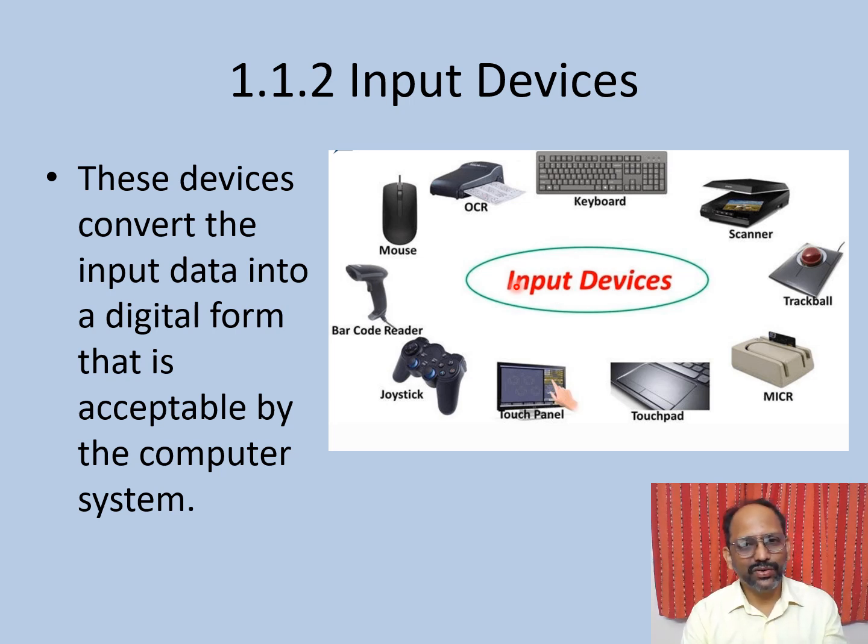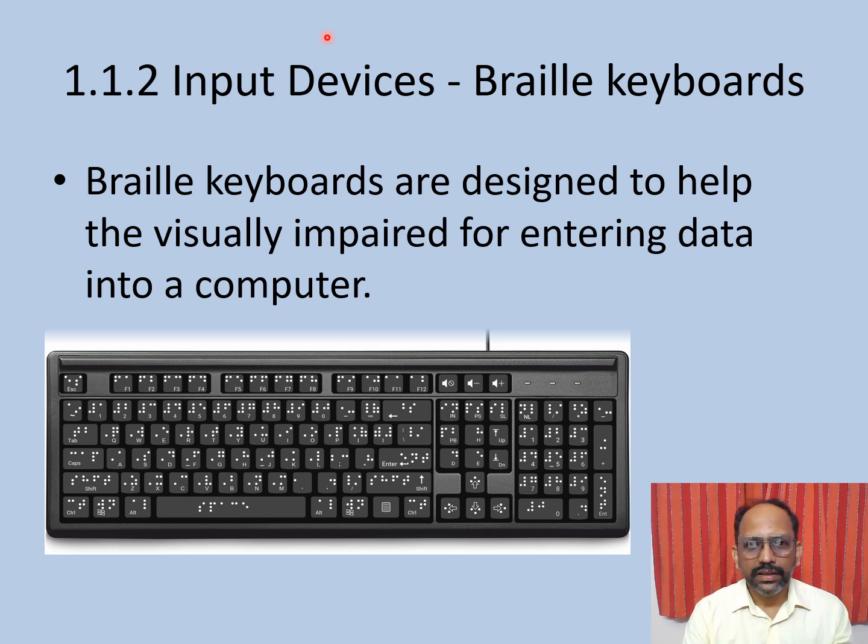That language is called machine level language. There are special keyboards for visually challenged users. Braille keyboards are there. These Braille keyboards are very useful to feed the data into the computer for visually challenged users.